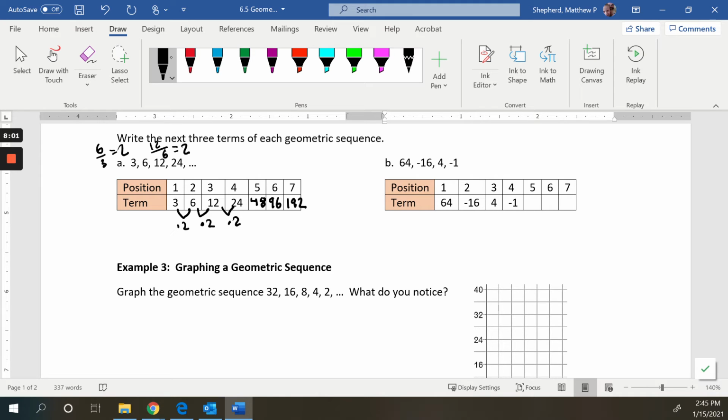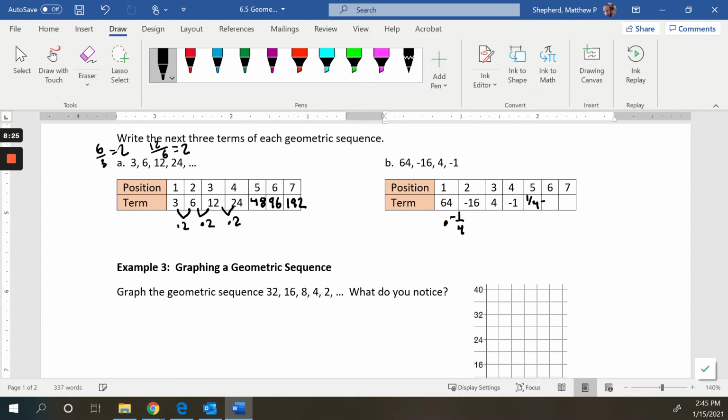So now to be specific, we're multiplying by a negative 1/4. So for this next one, negative 1 times negative 1/4 will give us positive 1/4. Okay, now 1/4 times a negative 1/4.